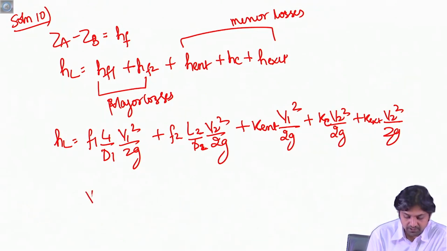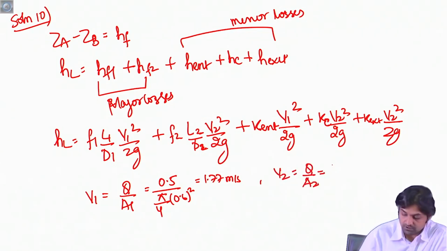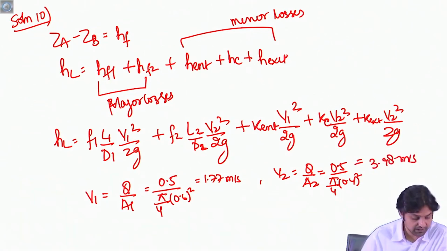Now we need to find out the flow properties in pipe 1 and 2. So simply for pipe 1, V1 will be discharge by area 1. Discharge is given 0.5 and the length and diameter, everything is given. So it will come 1.77 meters per second, whereas V2 will come out to be Q by A2. 0.5, diameters are different, so pi by 4 into 0.4 whole square, and this will come to be 3.98 meters per second.